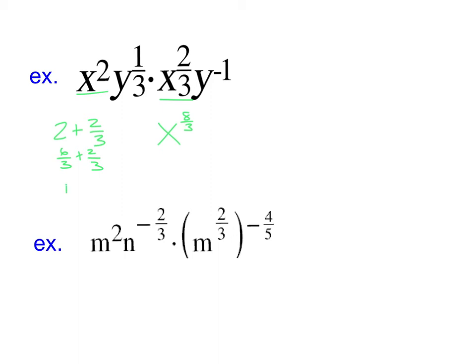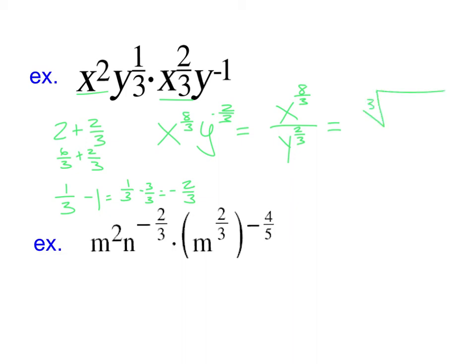And then we have 1/3 for y minus 1. That's 1/3 minus 3 over 3, which is negative 2/3. So we're just following those same rules, and then we're going to rewrite it. So I've got x to the 8/3 over y to the positive 2/3. It flips.